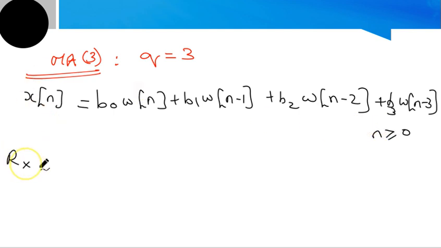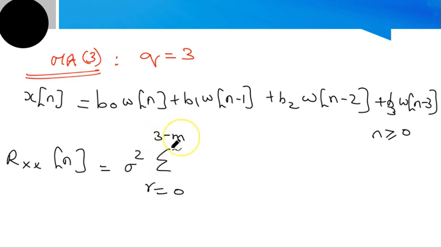So in this case, my Rxx will be sigma squared summation r equal to 0 to q minus m. So it will be 3 minus m. If I take an m here, I should make this also m into br into br plus m, because we don't want to confuse with this n and this term inside the autocorrelation function.